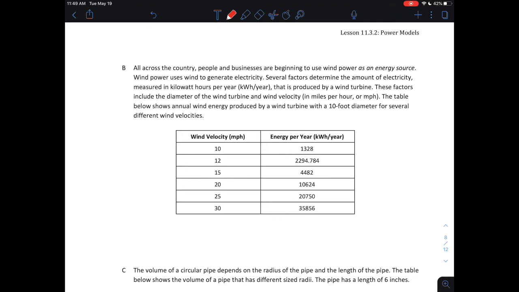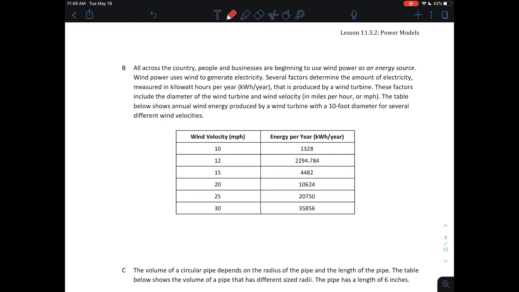wind velocities. So the first column gives us wind velocity, 10, 12, 15, 20, 25, and 30. And then energy per year is the second column, measured in kilowatt hours per year. If you have a wind velocity of 10 miles per hour, that gives you 1,328 kilowatt hours per year, and then those increase as the velocities increase.